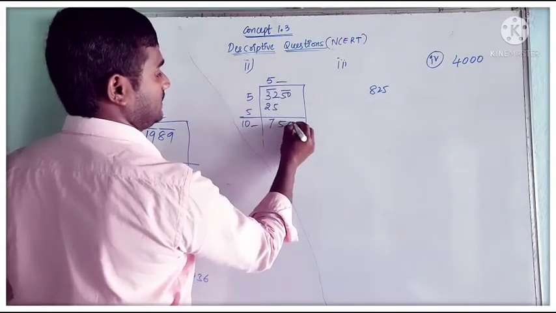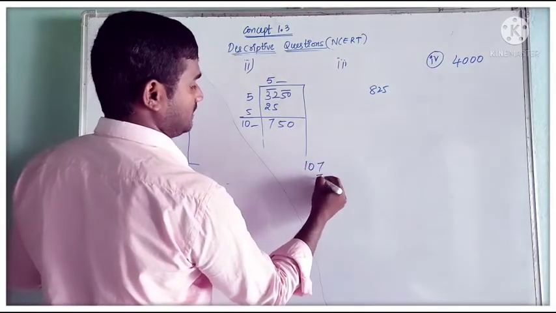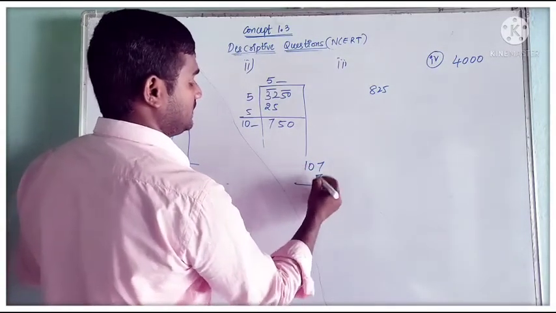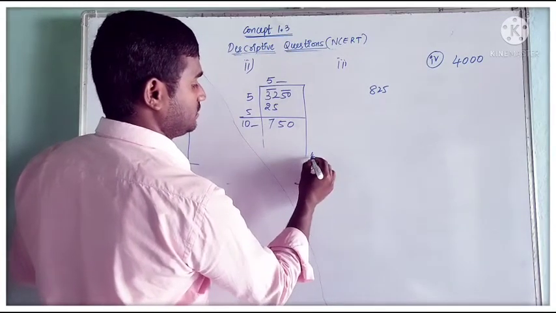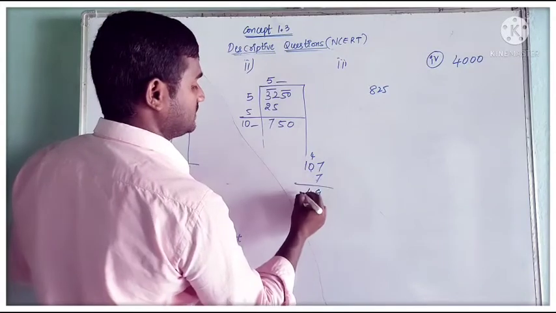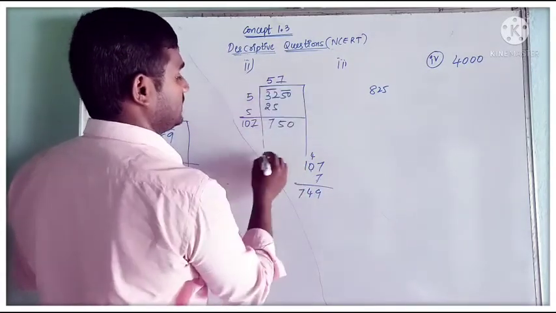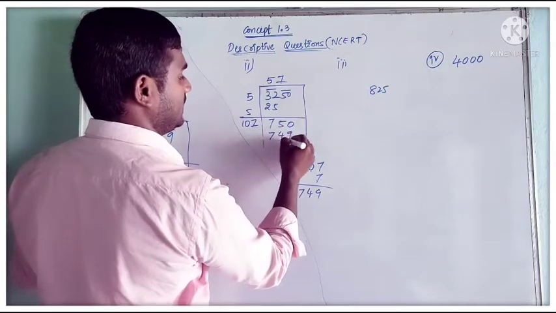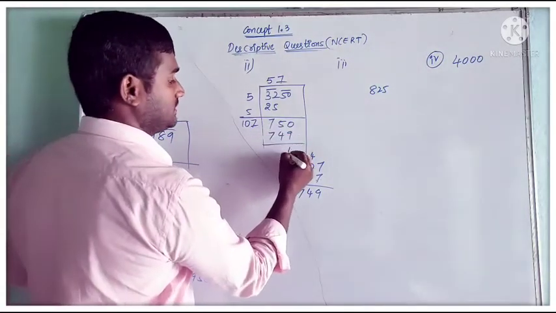Next number 50, so 750. 107 into 7: 7 sevens are 49, plus 4 is 4, 7 ones are 7, so 749. So 107 into 7 you can take. 749 is nearly equal, and the remainder is 1.